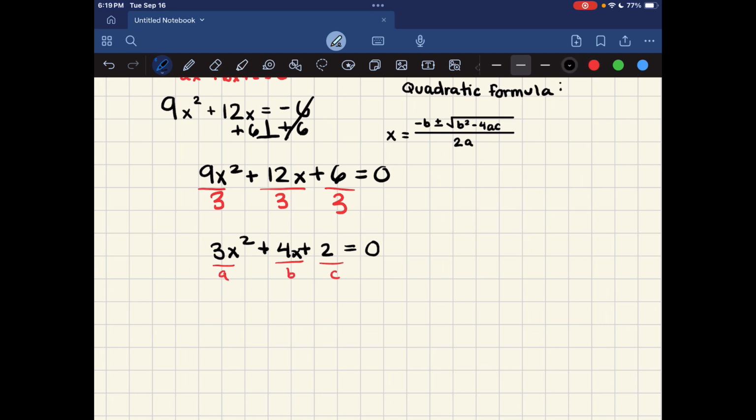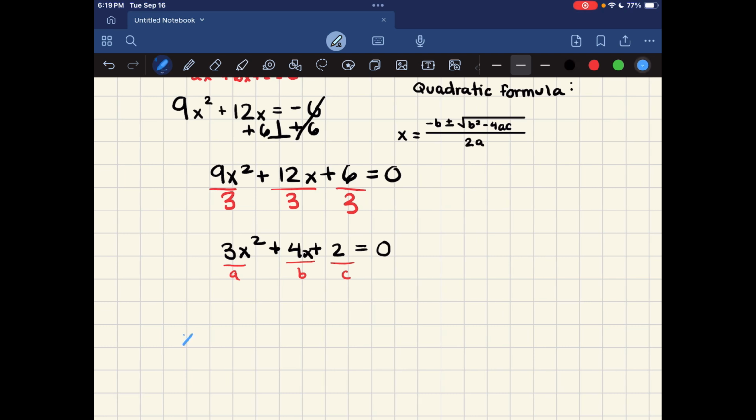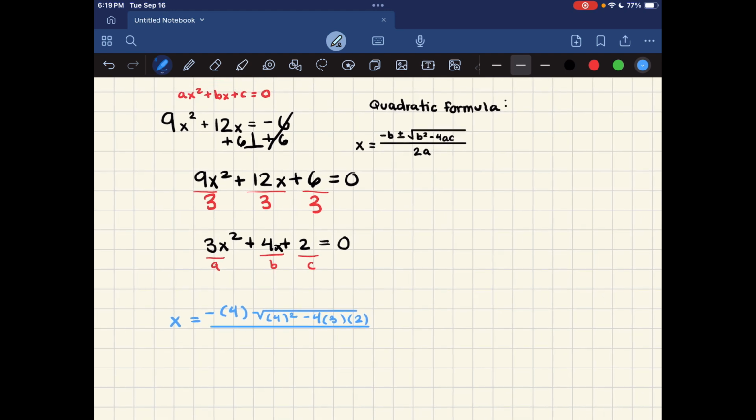Now we do x equals negative 4, plus minus the square root of 4 squared minus 4 times 3 times 2, and then we divide everything by 2 times 3.